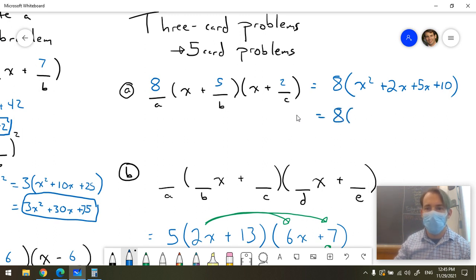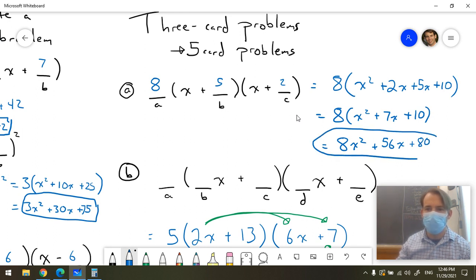Simplifies to 8 times x squared plus 7x plus 10. Simplifies to 8x squared plus 8 times 7 is 56x plus 80. A three-card problem that someone can solve.